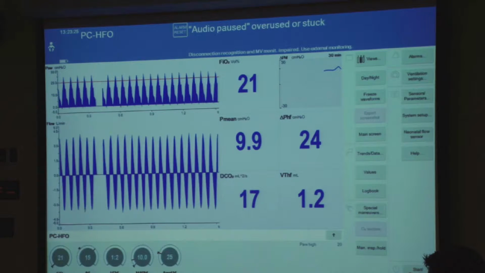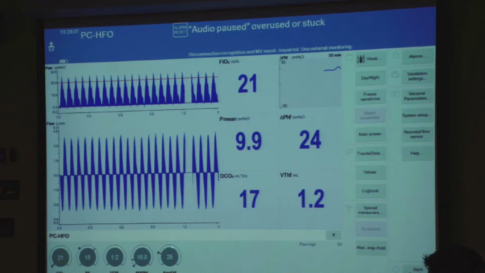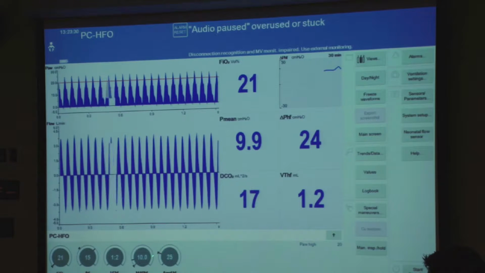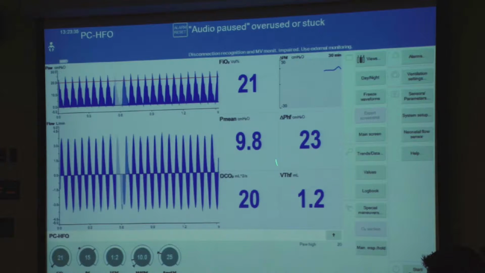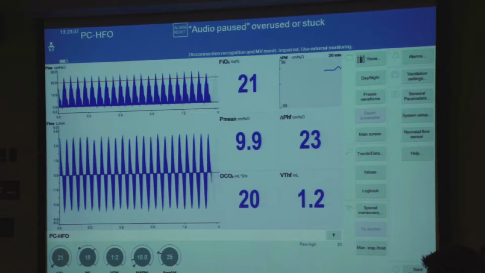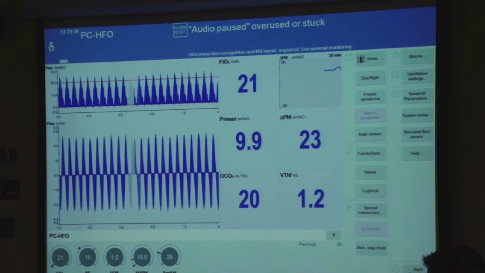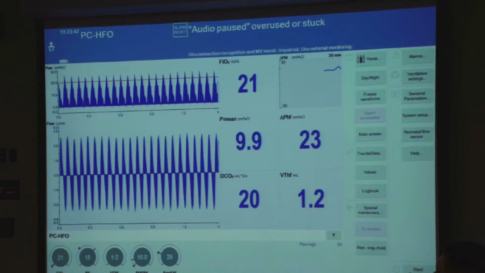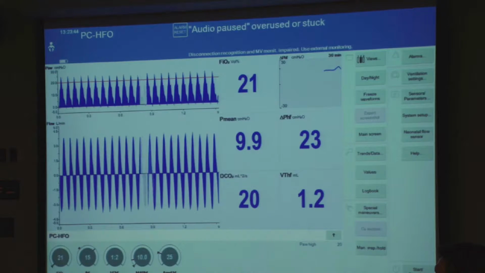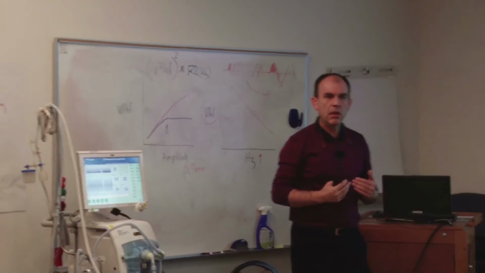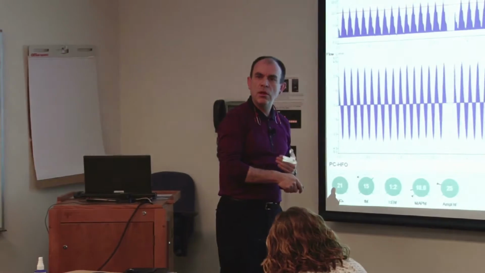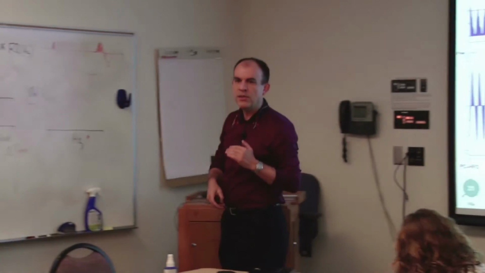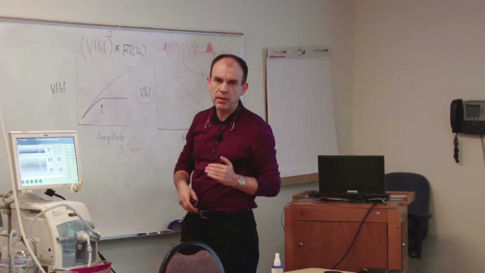And we're beginning to see that we're dialing something here, but we're not able to reach the desired amplitude as dialed. And this is telling us that we're getting to this point where if our strategy is to keep increasing amplitude for lowering PCO2, it's simply not going to have any clinical effect.